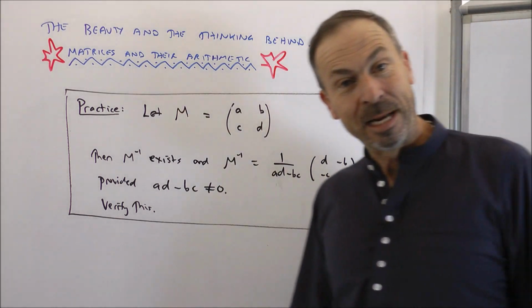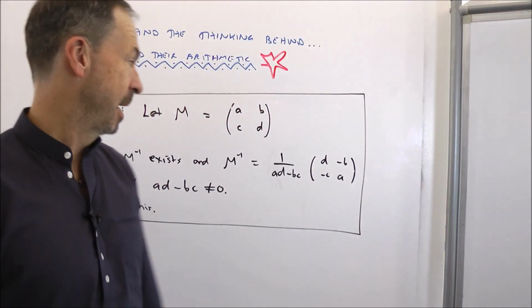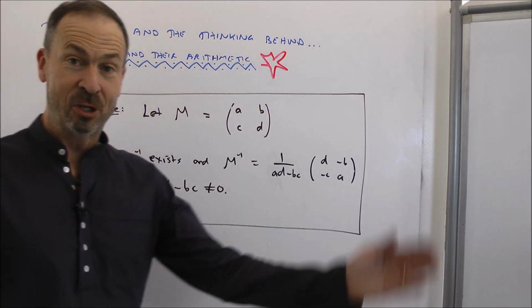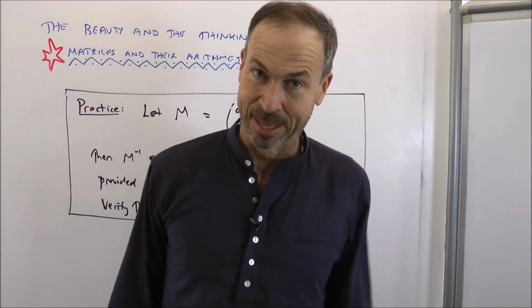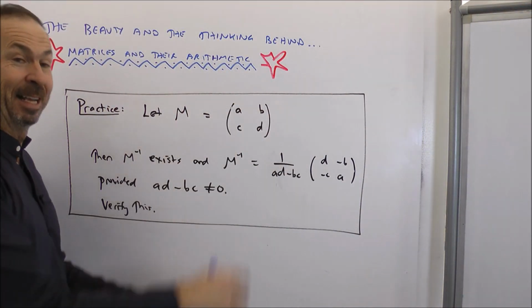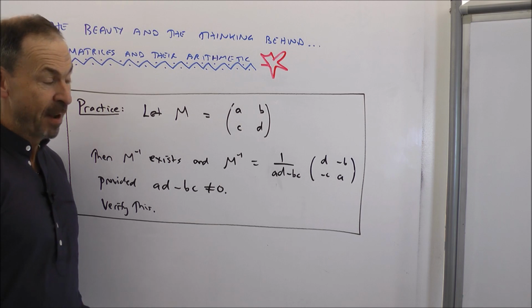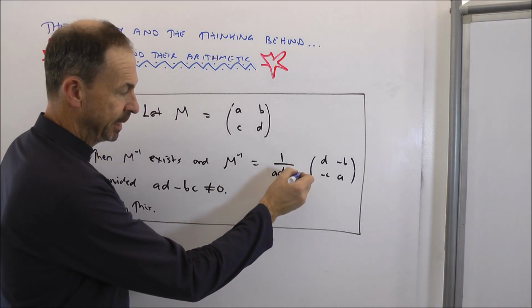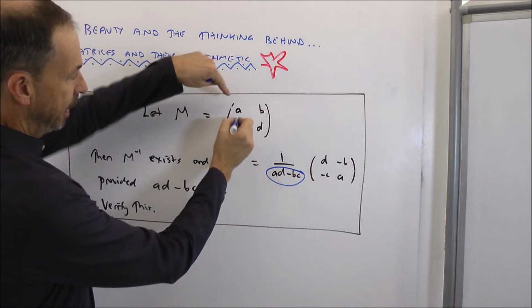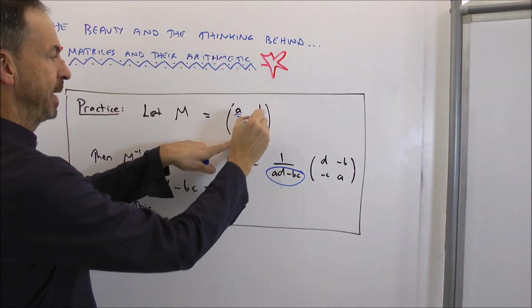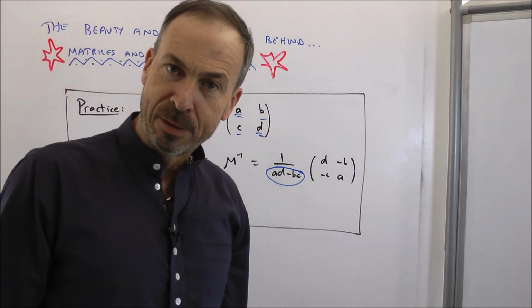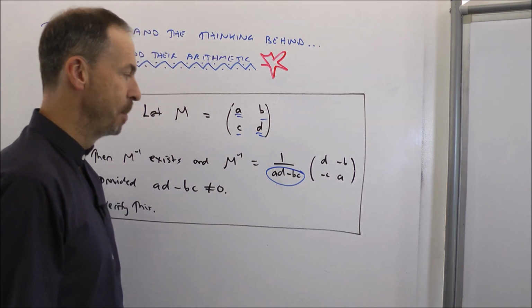So that gives a complete theory about when inverses exist, and many, many curricula want you to just have this in your head. Don't know why, but they do. All right, in which case, I guess one has to have it in one's head. In fact, this comes up a lot. This is the key thing, that quantity, A times D minus B times C, is given a special name in matrix theory. It's called the determinant of the matrix.